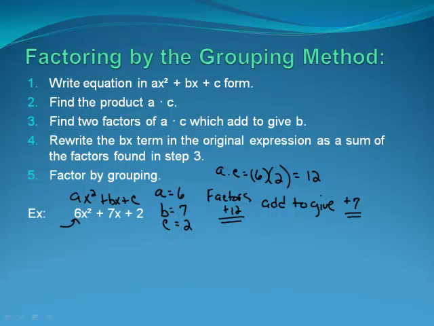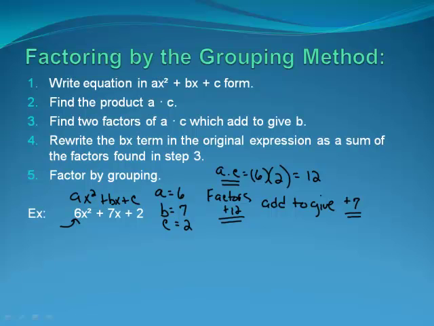Now this might seem very similar to what we did for the easier trinomials, x squared plus bx plus c, but notice it's a little different. Before, when we were doing the easier trinomials, we were finding factors of just c. Here, we're finding a times c first and then finding factors of that. Okay, so that's one difference here.